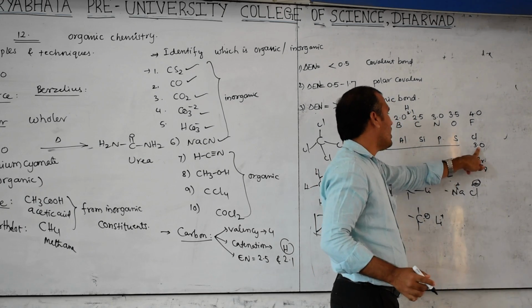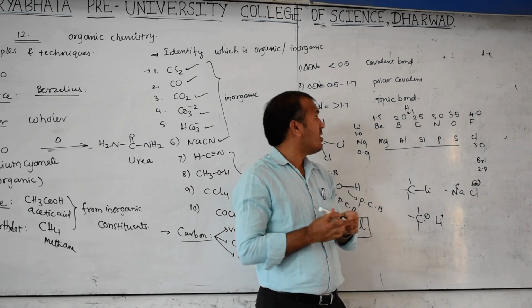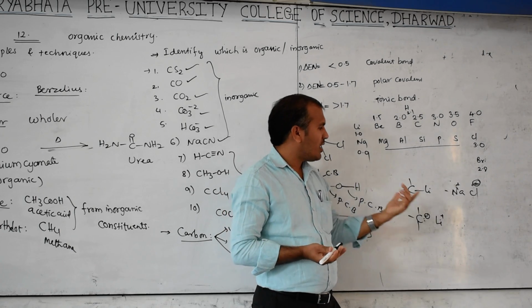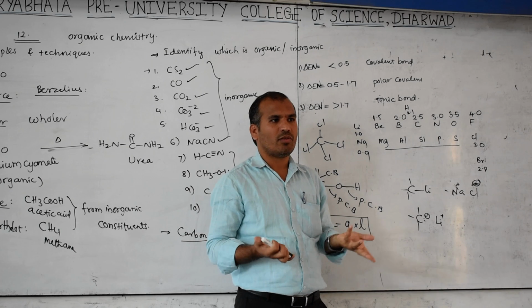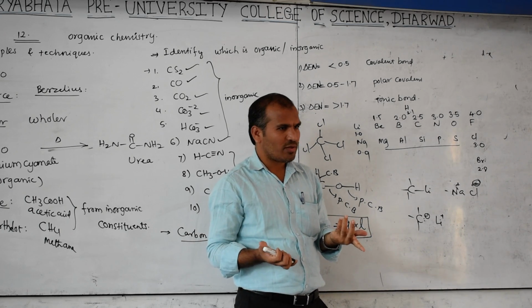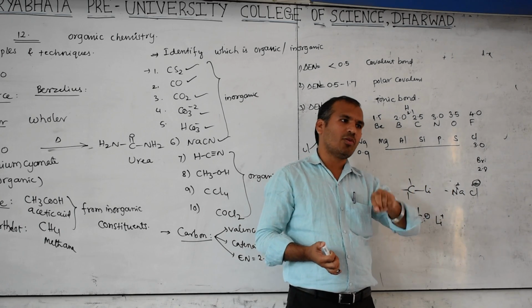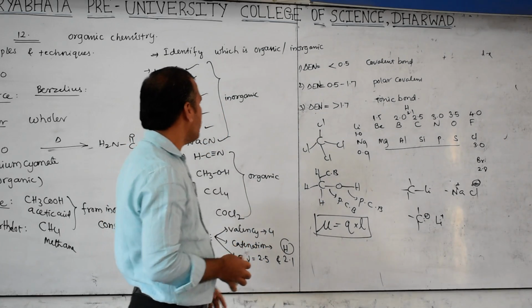You can decide: here 3 and here 0.9, 3 minus 0.9, the difference is greater. So you consider it an ionic bond. But is it 100% ionic? No. It will have some covalent character also. But the majority is ionic, with a little bit of covalent, so that majority is what we consider.